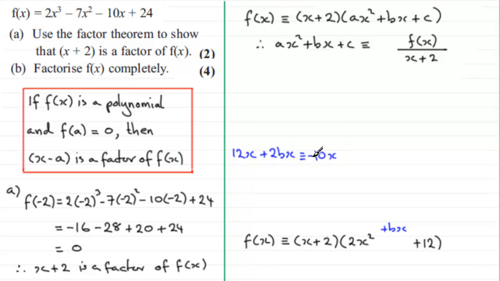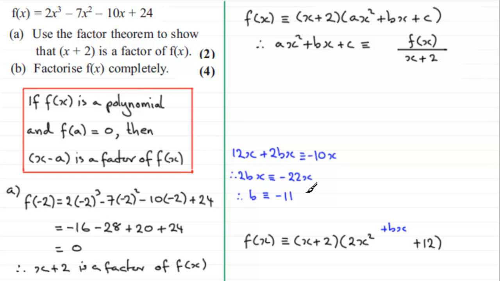So if that's the case, if I take 12x from both sides, I'm left with 2bx being identical to minus 22x, minus 10x minus 12x is minus 22x. And if I divide both sides here by 2x, it will leave me with what b is. B would have to be identical to minus 11.